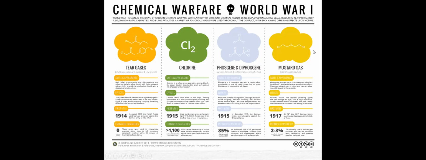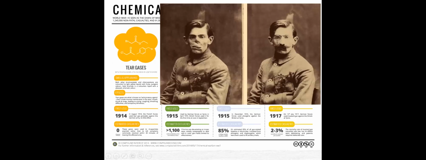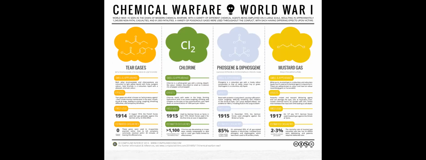And then the loveliness of mustard gas, which is first used at Ypres in July 1917. Each of these are really nasty pieces of business. Now, tear gas was not fatal. Chlorine gas was. Chlorine was devastating.